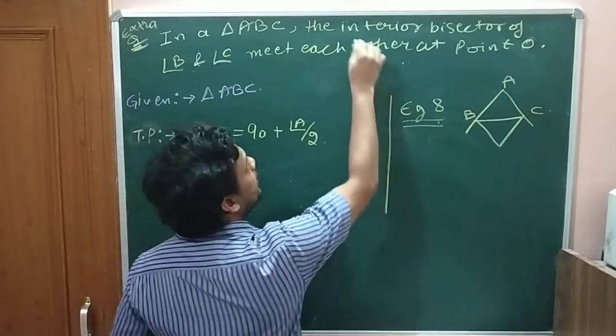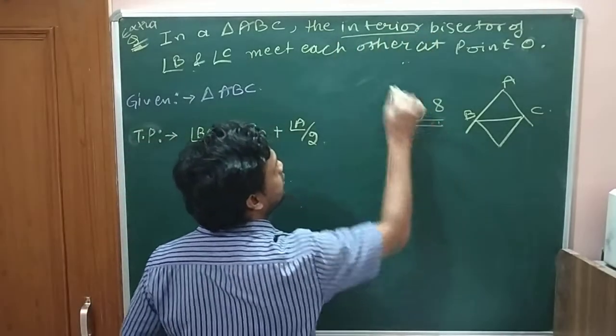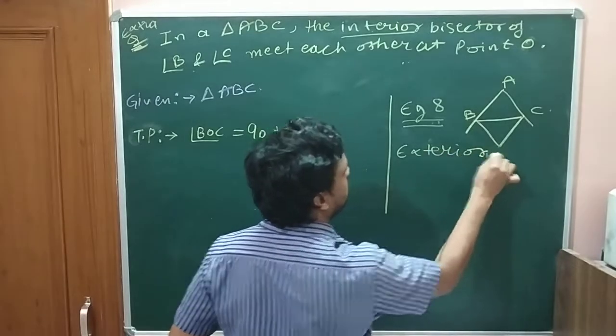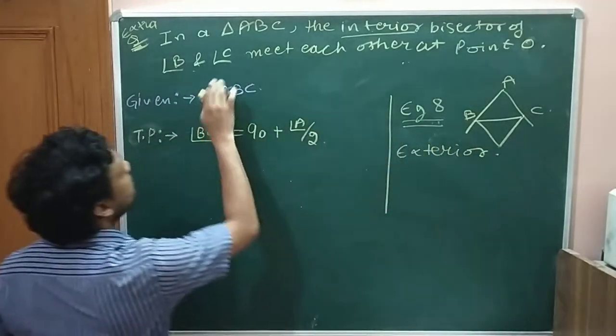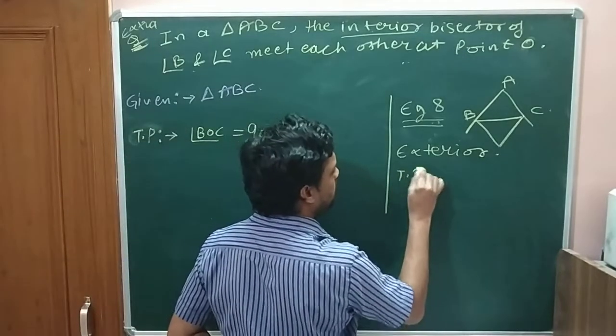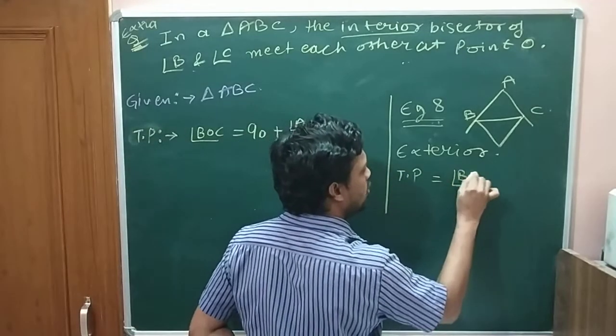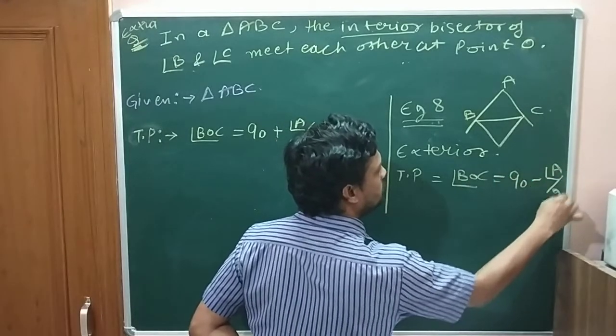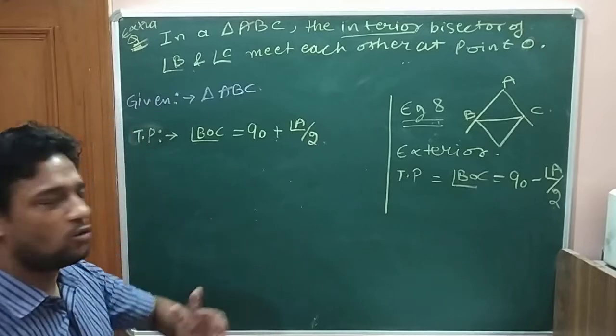In this question, instead of interior, it is exterior. In this question you have to prove 90 plus, and in that you have to prove BOC equals 90 minus angle A upon 2. So there are only two differences.